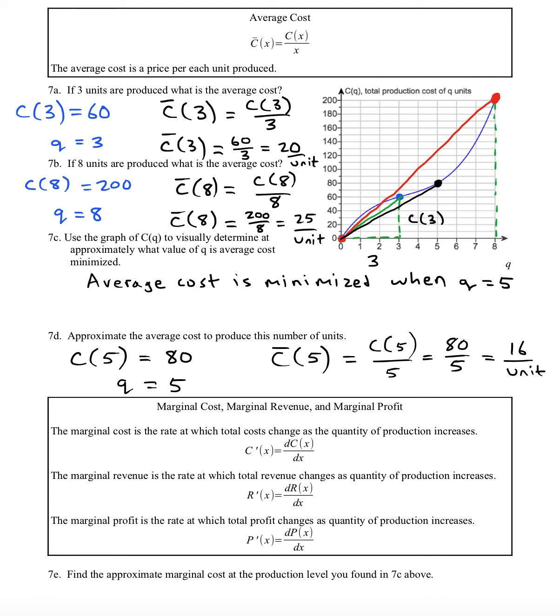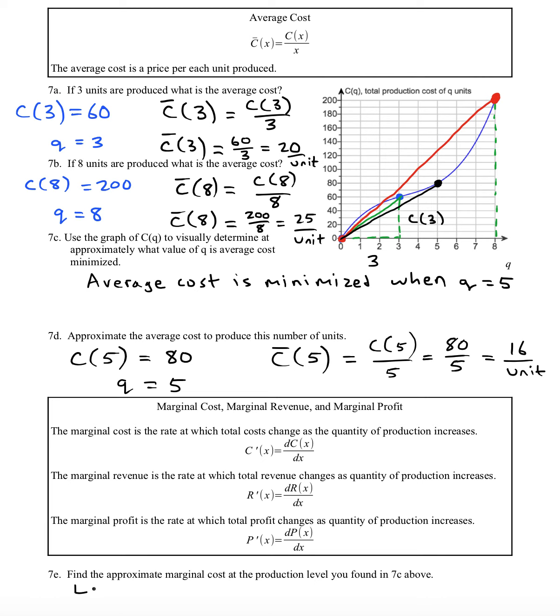Now, marginal cost is a little different from average cost. Marginal cost is the rate of change of the cost function with respect to units produced. It's the derivative of the cost function. It says approximate the marginal cost at the production level that you found in 7C.